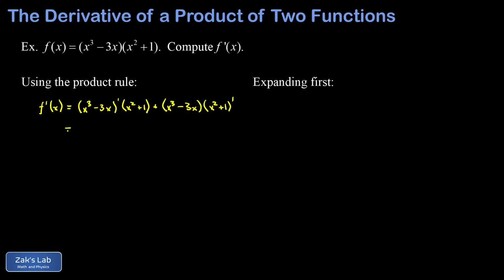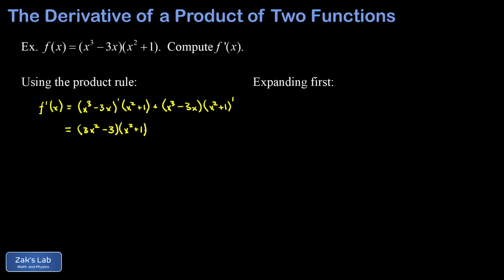Now in the next step, I can do my derivatives. And I apply the power rule to each one of the terms in this first polynomial. x³ differentiates to 3x². All I did was bring down that exponent out in front and then subtract 1 from the original exponent. Then I differentiate my second term, so I have −3 times the derivative of x, but the derivative of x is just 1. So I just get a −3 there.